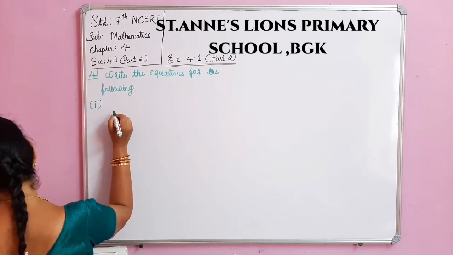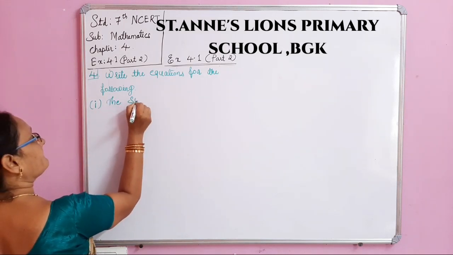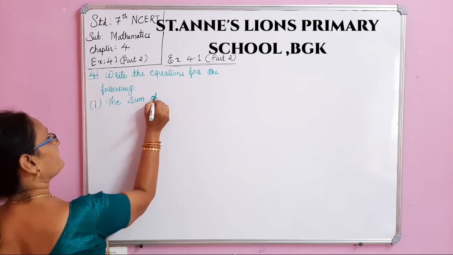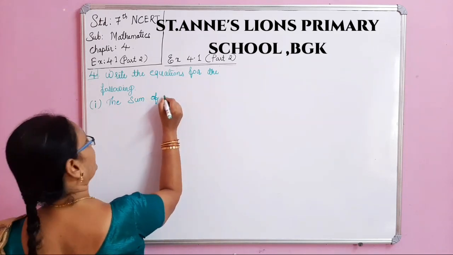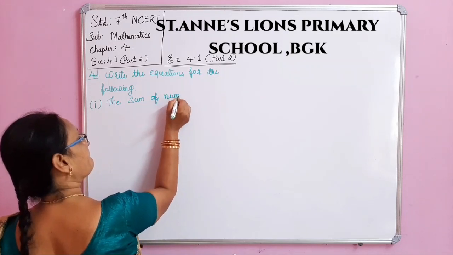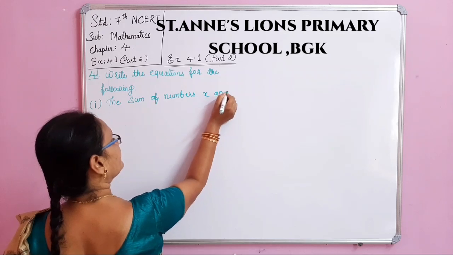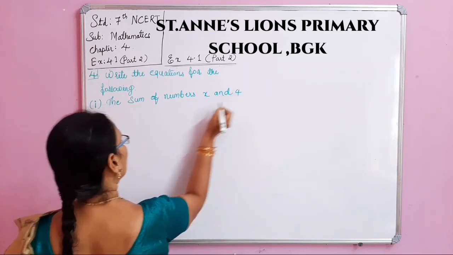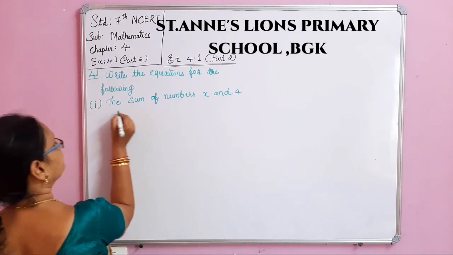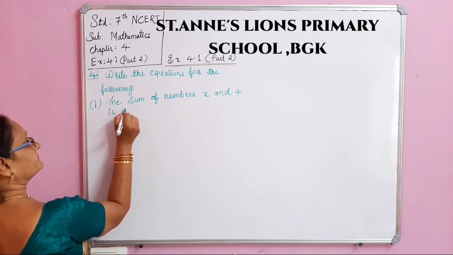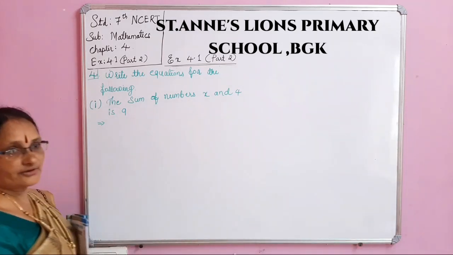The first statement is the sum of numbers x and 4 is 9. See, this is what the statement they have given.